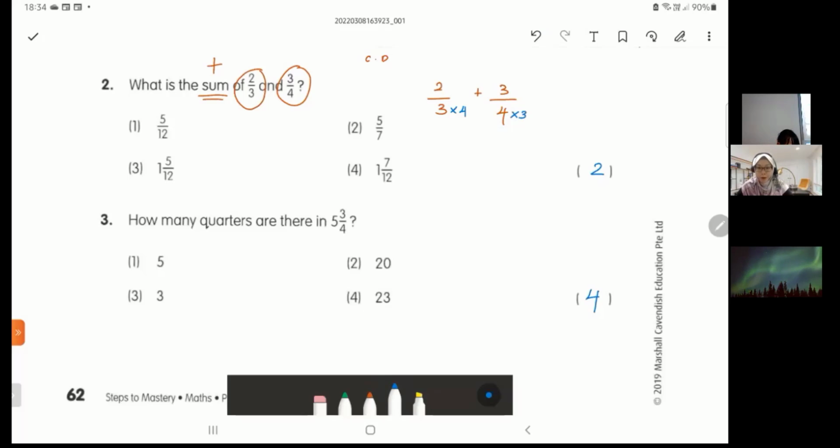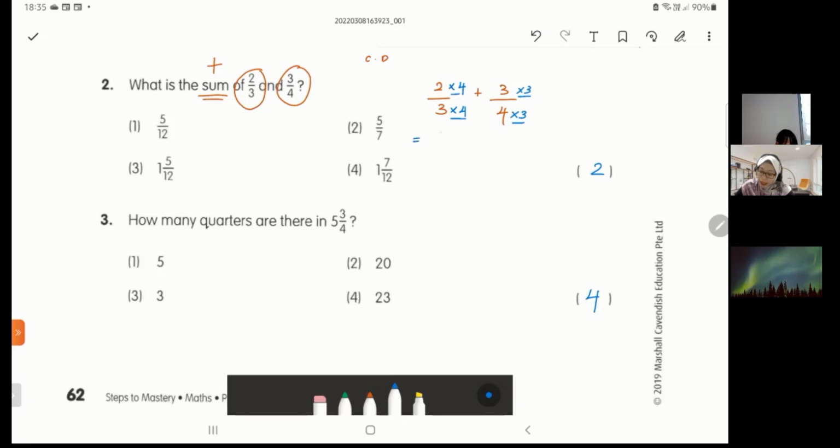This is my shortcut. Okay, when you look at the numbers and you can't think of any numbers to make it the same, then you times each other. Okay, all right, this is one of the shortcuts. So you times 4 here, times 3. Whatever you do to denominator, numerator will do the same.